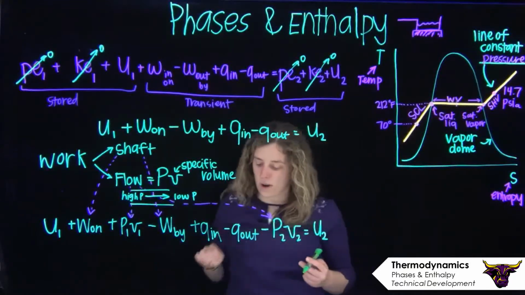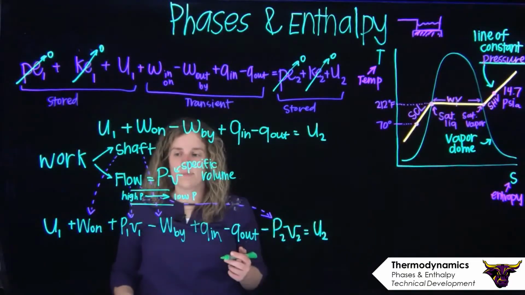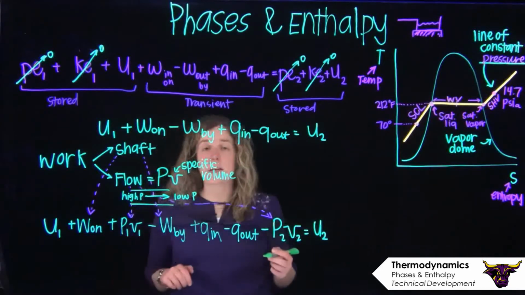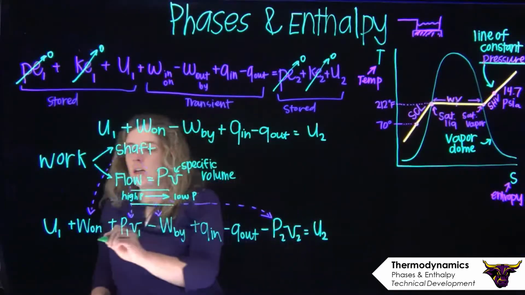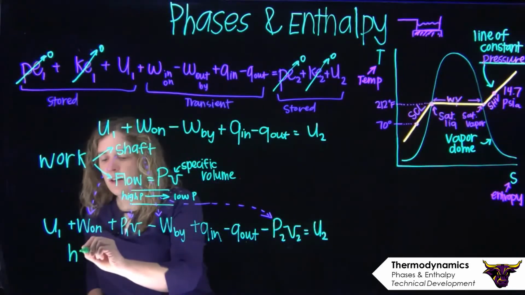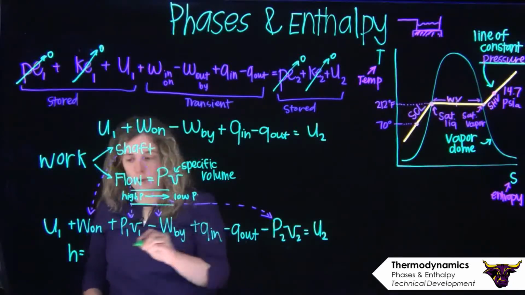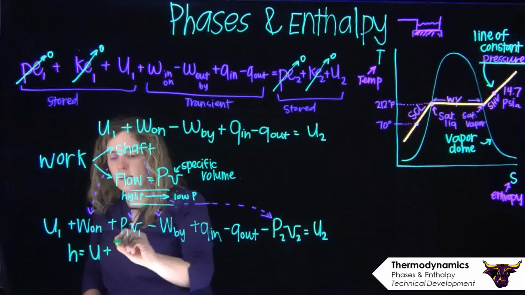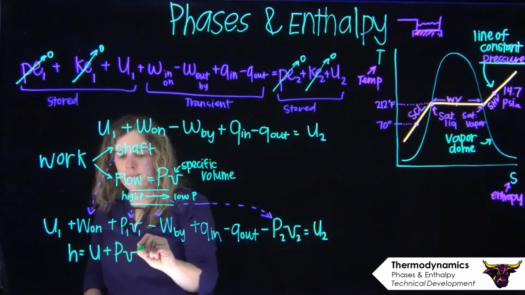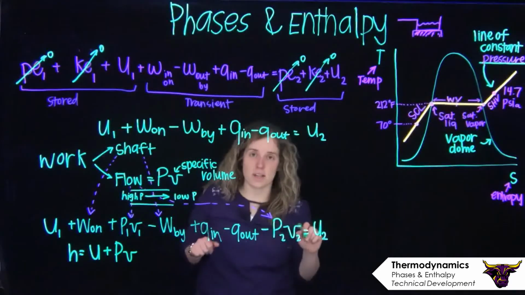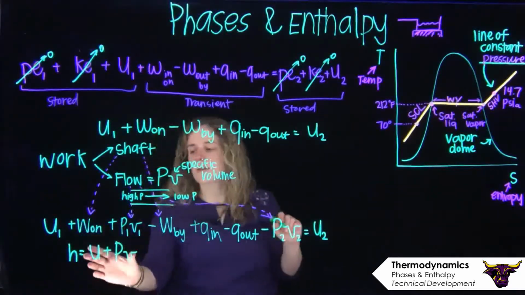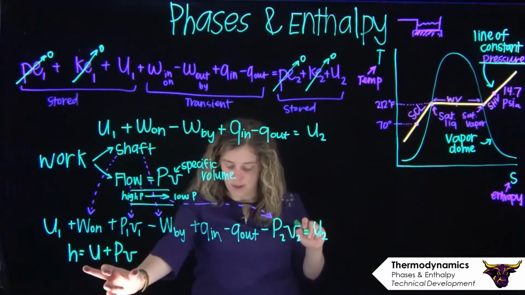When we look at this, we can actually do a grouping, and this is where enthalpy comes in. Enthalpy is simply equal to U plus PV. Convenient that we take two of these terms and group them into one.